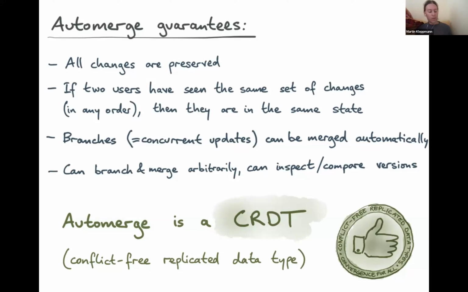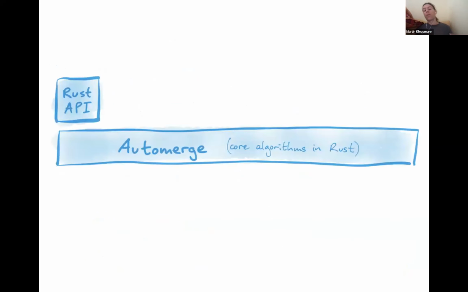So let me tell you a little bit about the implementation. Automerge is implemented as a Rust library, and you can use it through a Rust API if you want. But the main reason for using Rust is that it's wonderfully portable to many different platforms. And so, for example, we compile it to WebAssembly and then have a JavaScript and TypeScript API that you can use to build web apps on top of Automerge.